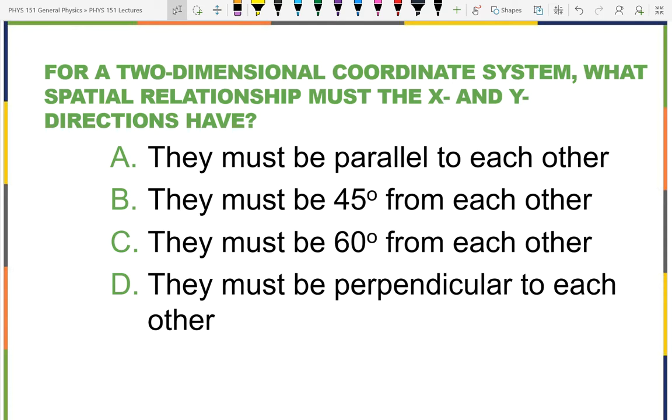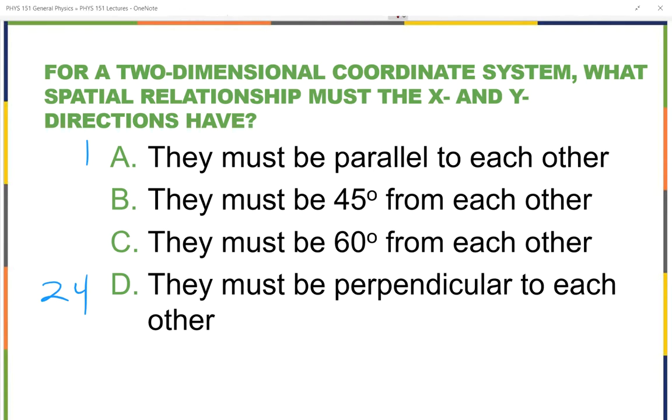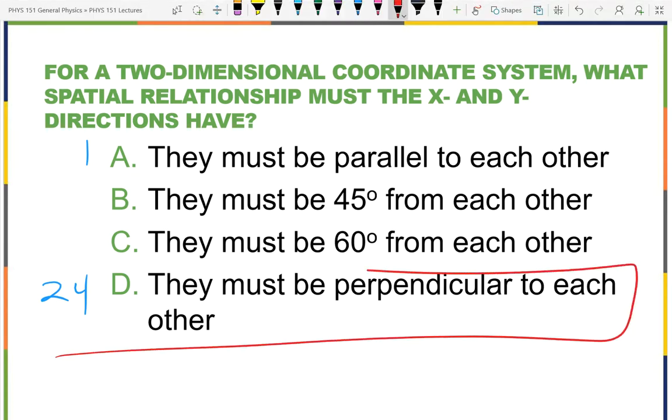One person said they must be parallel, and everyone else said they must be perpendicular. So, what's the correct answer? It's good when we are pretty uniform. It's D. They have to be perpendicular so that you can uniquely define a vector by its coordinates that are perpendicular to each other.